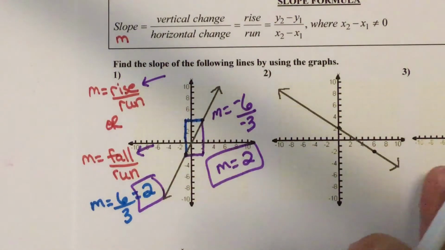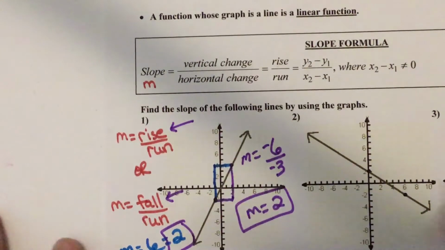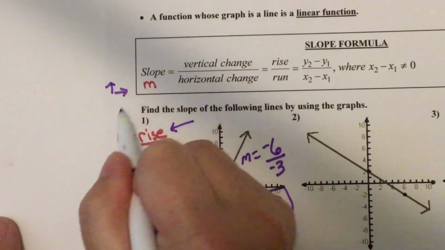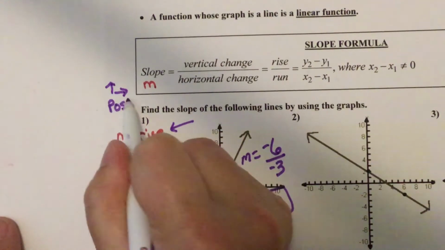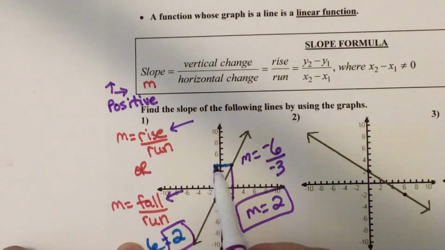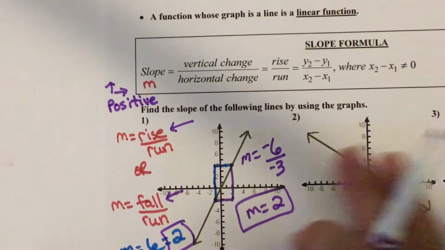Okay, so a couple things I just want to make sure that you remember. If you ever go up or right, those are positive movements. So when I counted up, that was a positive 6, and when I counted right, that was a positive 3.